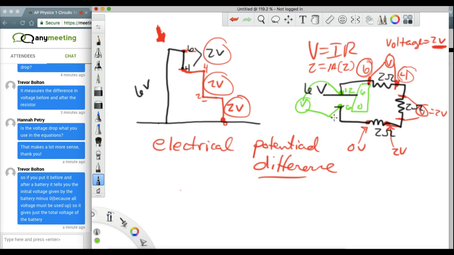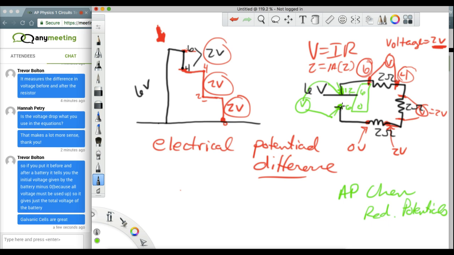Whether you're using zinc and cadmium or lithium and carbon, in AP Chem you've got a list of reduction potentials, and those reduction potentials are what's going to determine the potential here and the potential here. It's the difference between those reduction potentials that gives us the voltage of the battery.